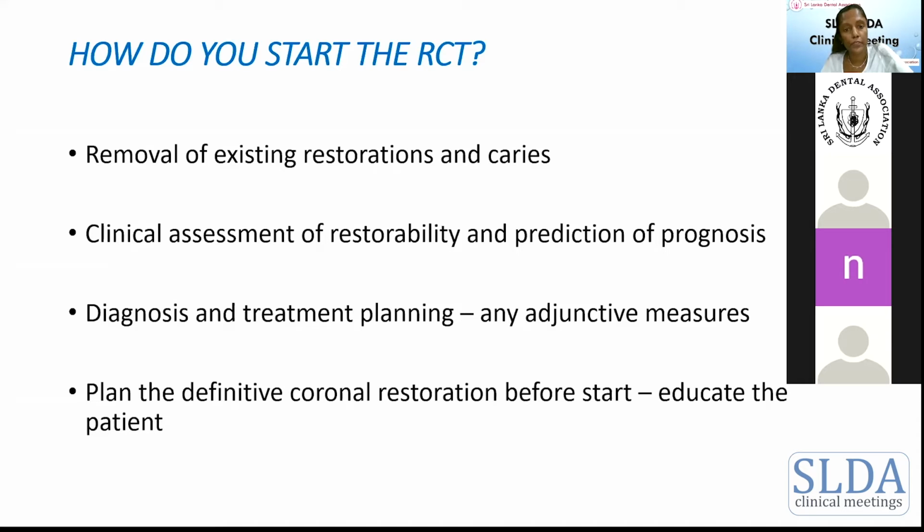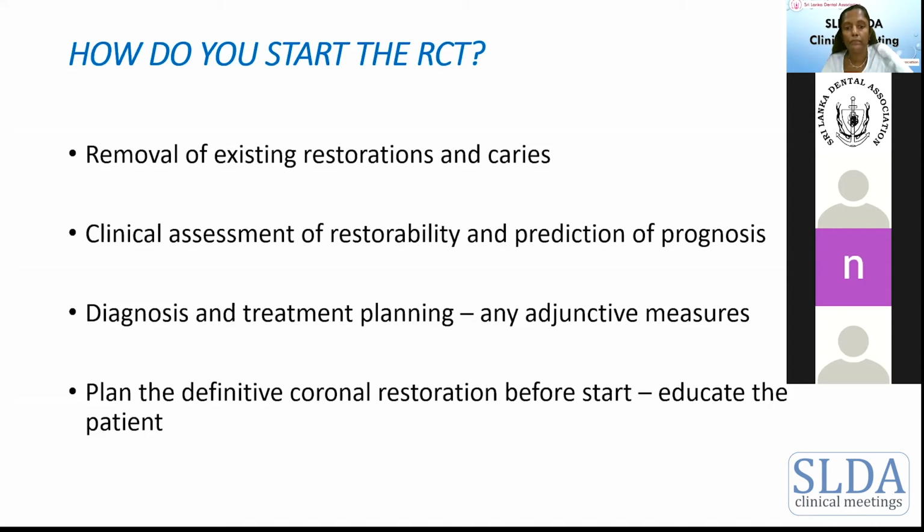If the restorability is questionable, we can apply some adjunctive measures to improve the restorability of such a tooth. And finally, we have to plan the definitive coronal restoration before we start the root canal treatment. And we have to educate the patient regarding the future definitive coronal restoration.